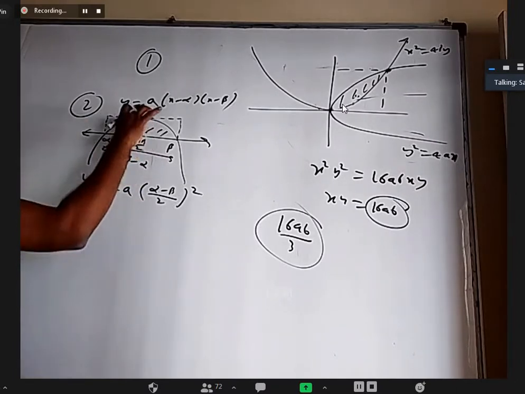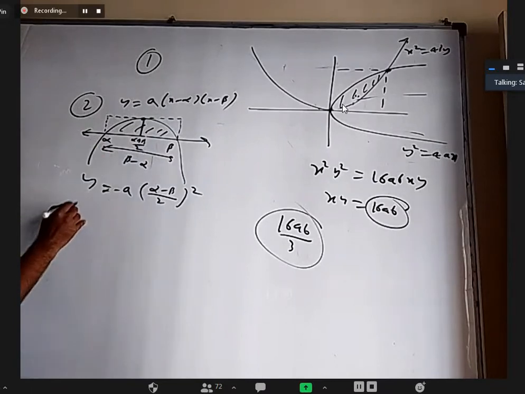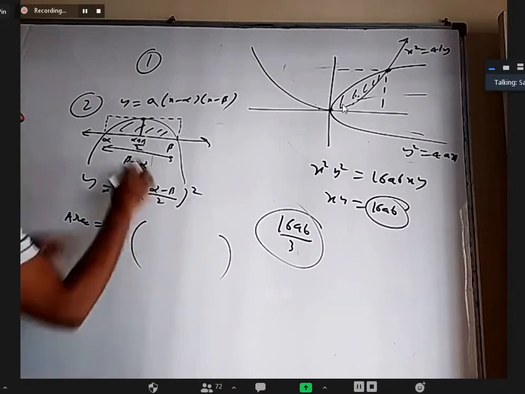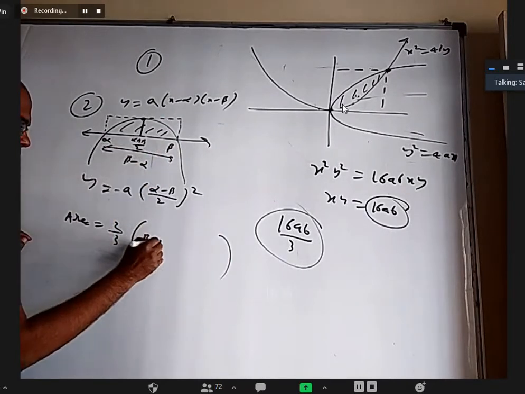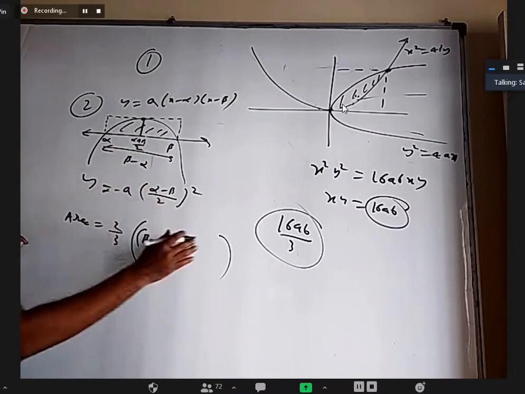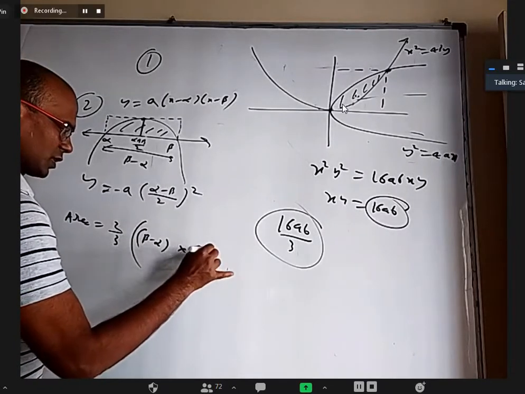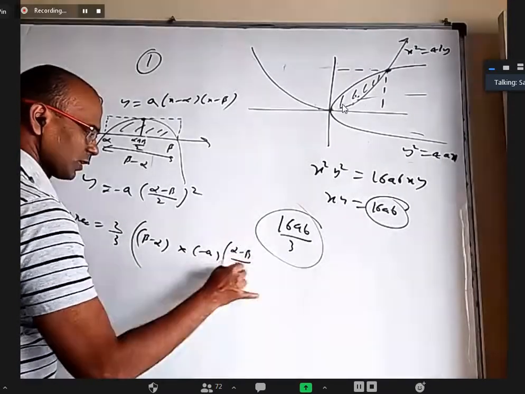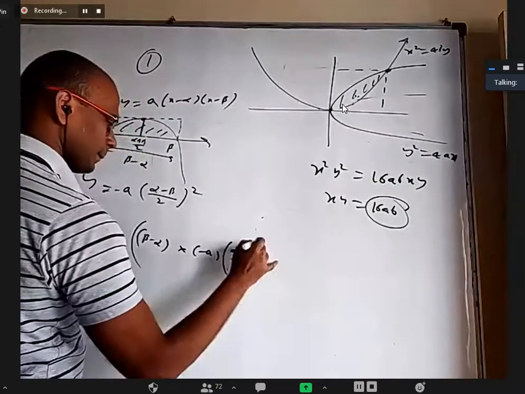Now, you know width and you know height. What is the area of the rectangle? The required area will be 2/3 of the rectangle. Rectangle width is beta minus alpha and height is minus a into alpha minus beta by 2 whole square.